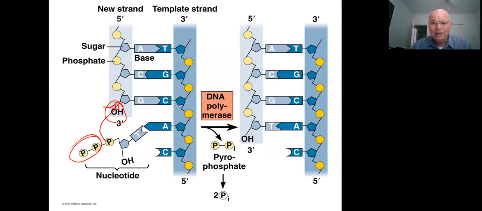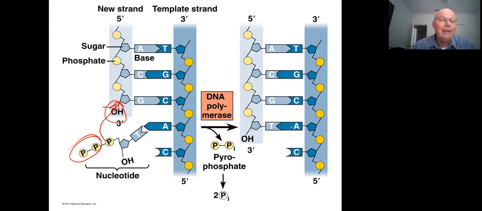it proofreads to make sure that it's the correct nucleotide, because DNA polymerase has a proofreading function to make sure that the right nucleotide is in the right location. This is one of the reasons why DNA copying is so accurate, because the polymerase not only inserts nucleotides according to the template sequence in the base pairing rules, but proofreads after the nucleotide has been added to confirm that the correct nucleotide has been positioned.